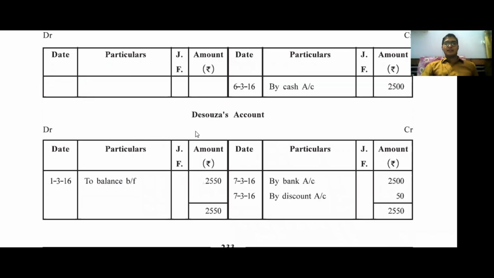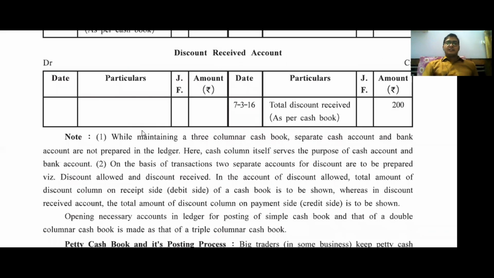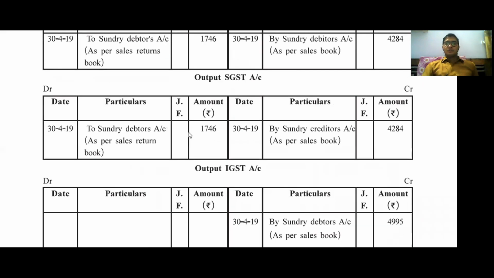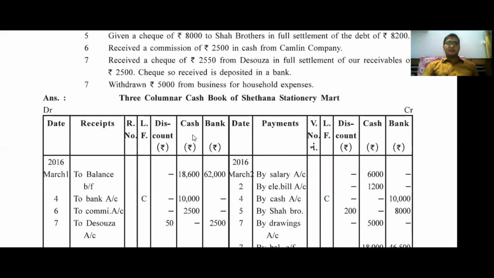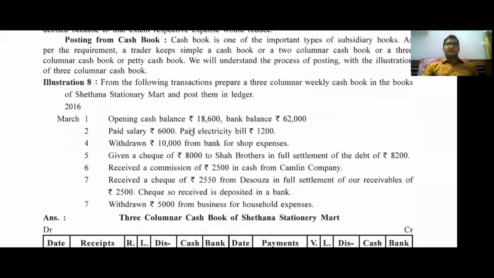Otherwise to cash, by cash, that's it. So finally this is the ledger posting regarding the cash book, and we have completed this. It is very simple. That is illustration 8, cash book in the books of Sethana Stationery Mart and its posting into the ledger.